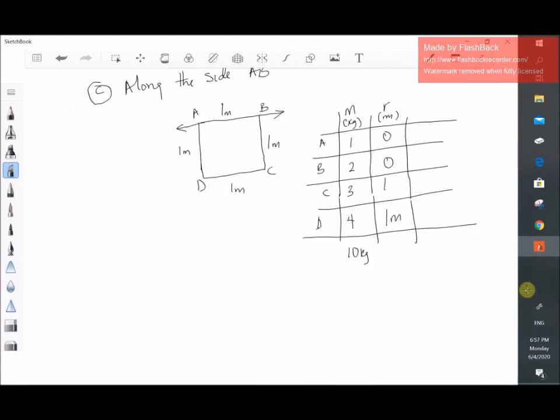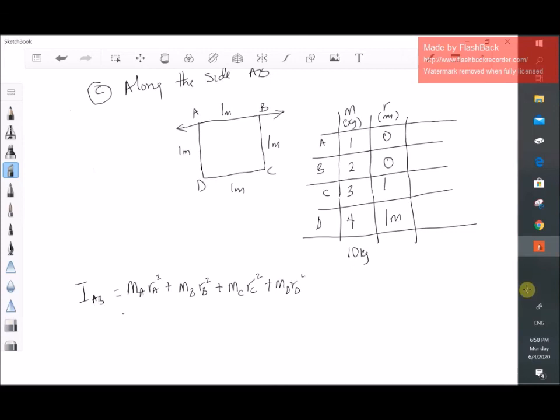So next is to find the moment of inertia at AB, which becomes the mass at point A times the distance from A squared, plus the mass at B times the distance from B squared, plus the mass at C times the distance from C squared, plus the mass at D times the distance at D squared.